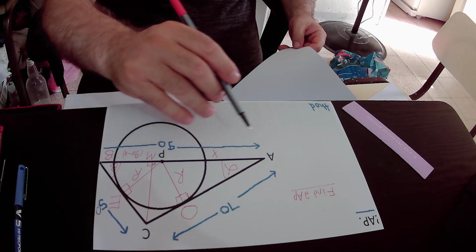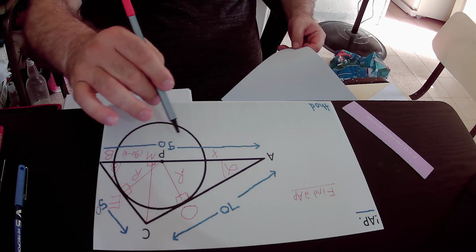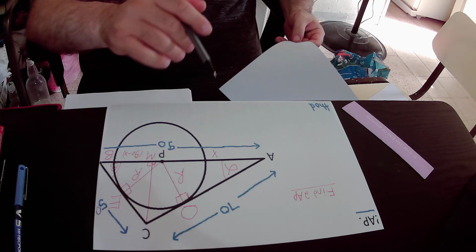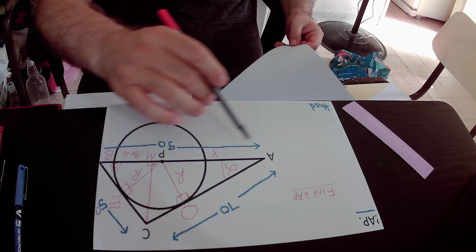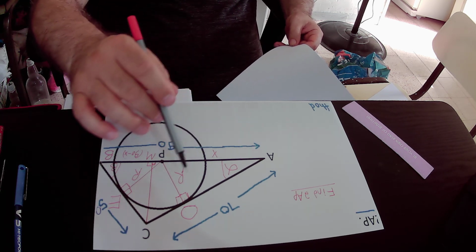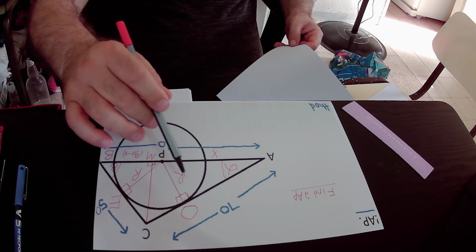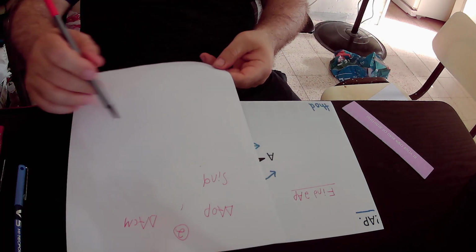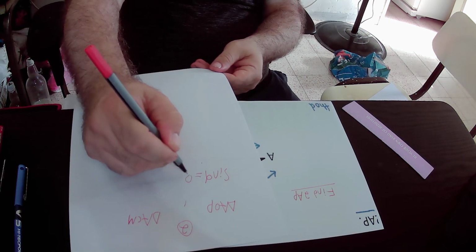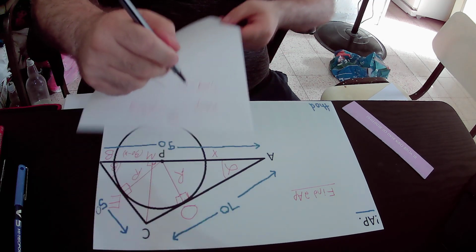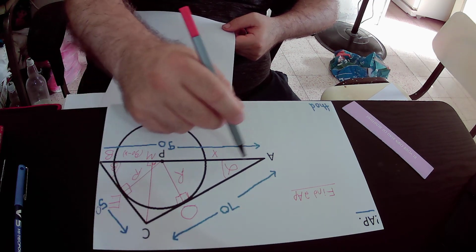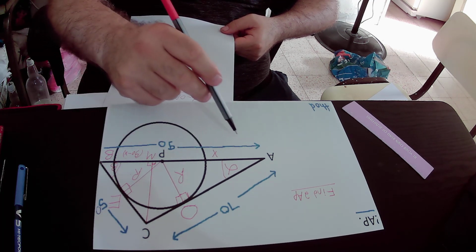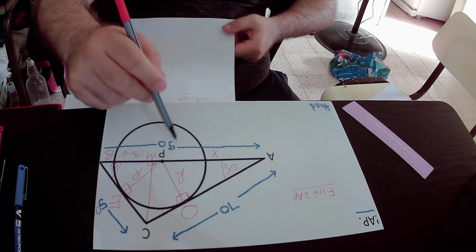If we focus on the right triangle AOP, then sine alpha will be equal to the side in triangle AOP that is in front of angle alpha, that is side OP, divided by the hypotenuse, which is actually AP.